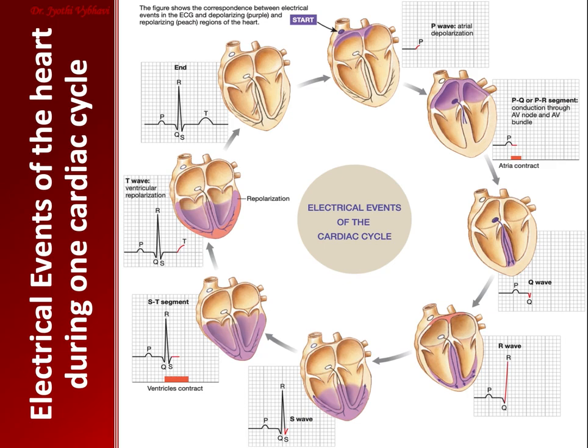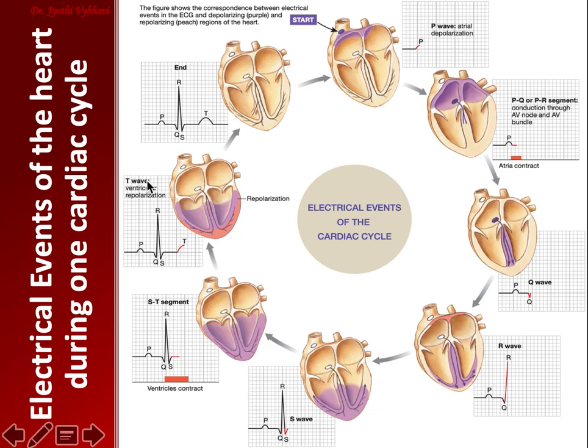Now this picture tells us the entire class today. We are going to see how each electrical event happens, how they are represented as vectors, and what waves are produced on the ECG paper.